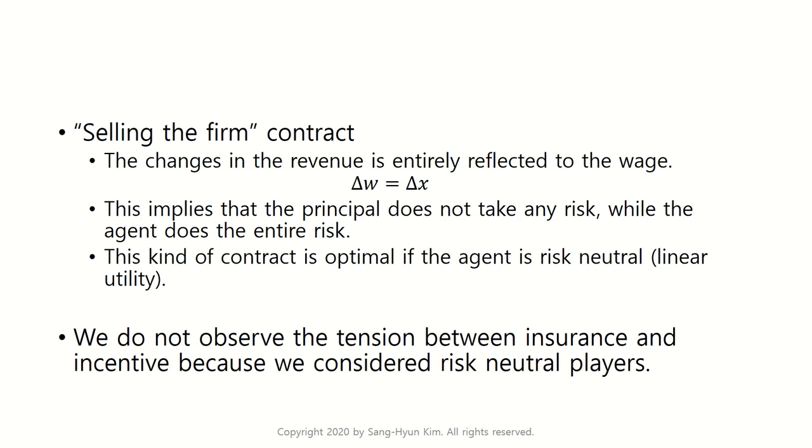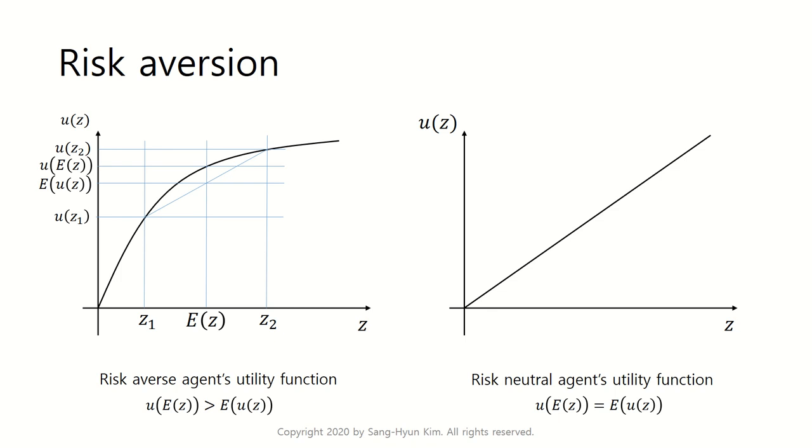Okay, so to understand the tension between insurance and incentive, we have to consider a risk averse agent. So, what is this risk aversion? If the agent's utility function is concave, as you can see on the left, then this agent is risk averse.